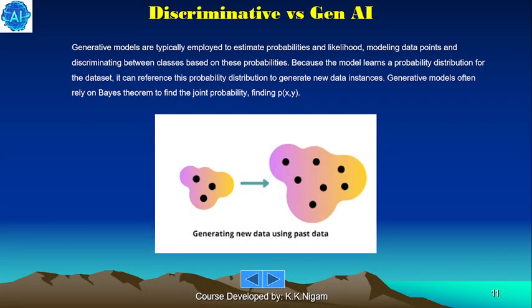Generative models are typically deployed to estimate probabilities and likelihood, modeling data points and discriminating between classes based on these probabilities. Because the model learns the probability distribution for the dataset, it can reference this probability distribution to generate new data instances. Generative models often rely on Bayes' theorem to find joint probability.